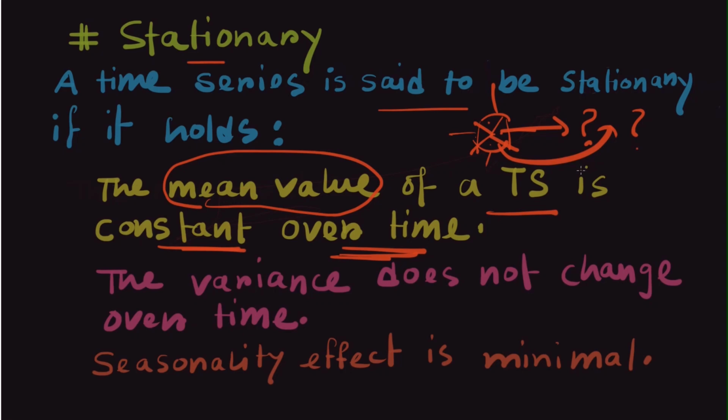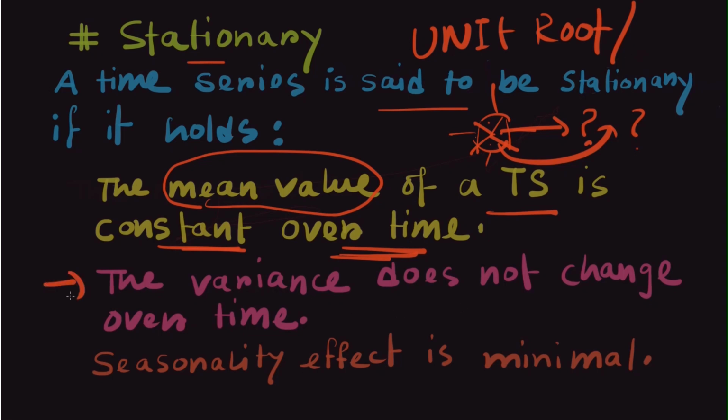So in order to find a solid or smooth time series, you need to convert your non-stationary series into stationary. And how can we do that? By doing the unit root test, or in simpler terms, by differencing, taking the first difference or second difference, you can convert your non-stationary series into a stationary one.